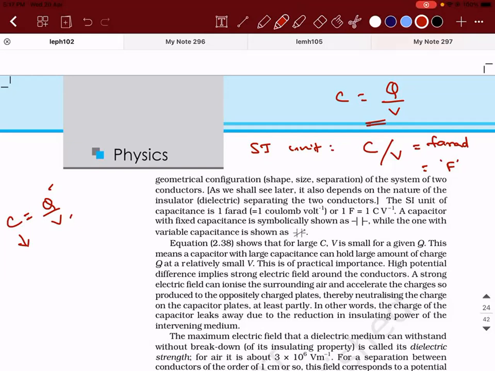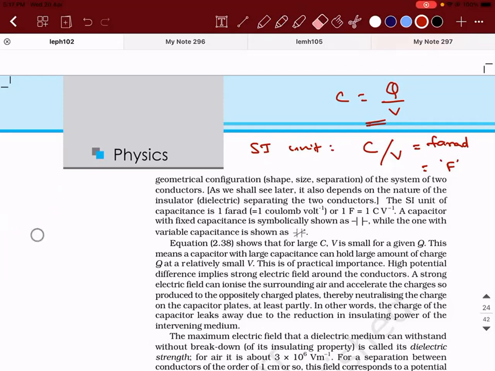Now comes an important question. Then what are the parameters on which it is dependent? Temperature? Actually, it depends on the geometrical parameters. We will see why it depends on geometrical parameters.